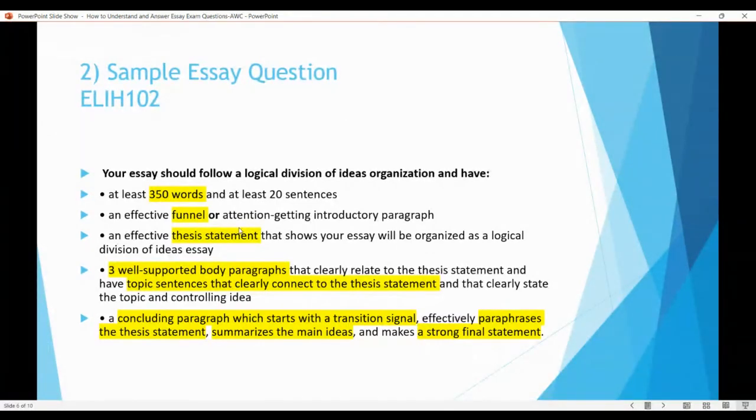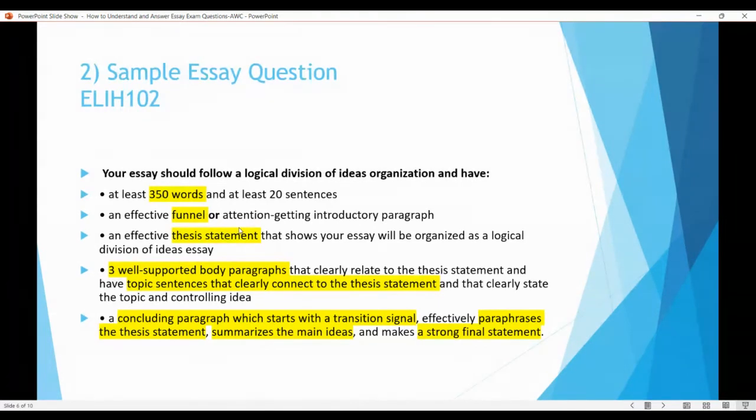Suppose the topic was a comparative study between coronavirus and measles. The thesis statement would be: in this essay, the discussion will be about symptoms, treatments.